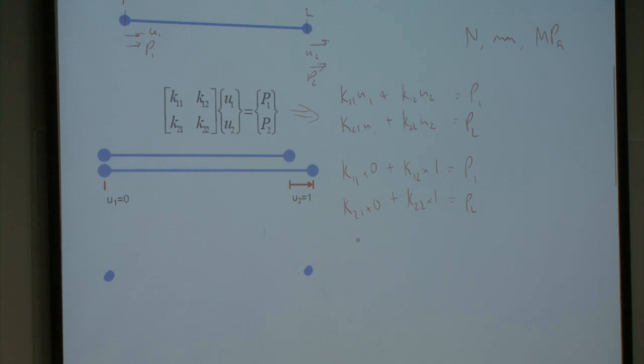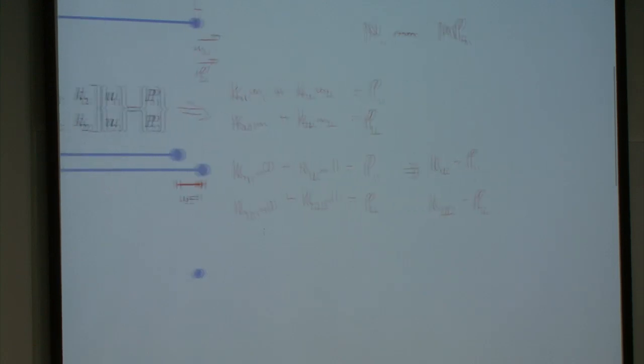So from this, K12 will equal whatever P1 is, and K22 will equal whatever P2 is. And that's kind of nice. We can know what P1 and P2 are, so they're our reaction forces, or the forces required to create that extension.